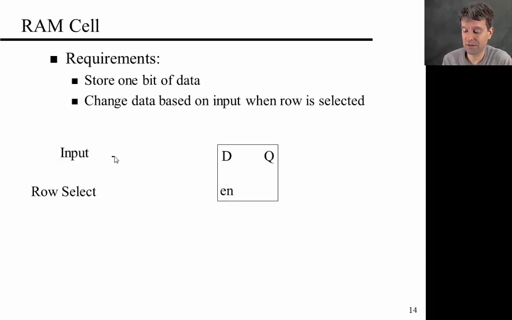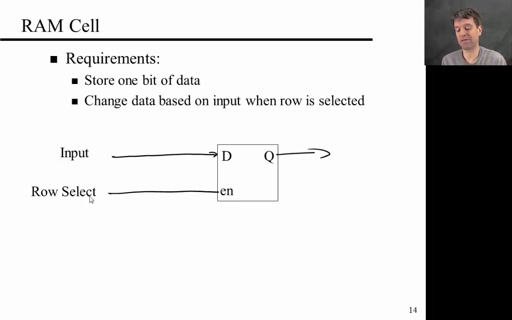So you have a single flip-flop that you can read the data into. You can of course read the data out again, and in this case it's an enabled flip-flop where the row select is connected to this enable. So if enable is true, then you're reading in new inputs. If enable is false, you're just holding the value that you're currently holding.